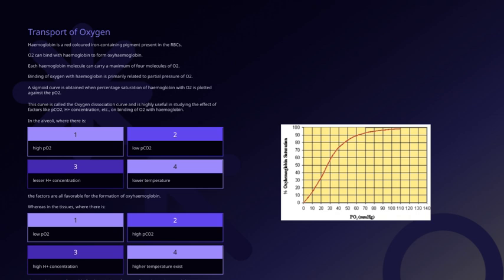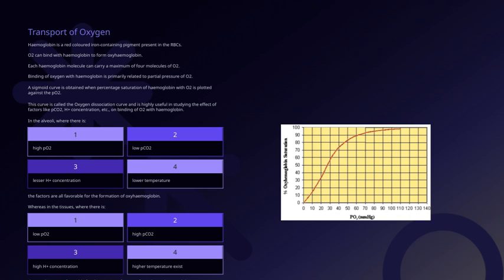First, consider the oxygen dissociation curve, which is a sigmoid curve that shows the percentage saturation of hemoglobin with oxygen plotted against the partial pressure of oxygen, or PO2. This curve is incredibly useful because it helps us understand how various factors like CO2 levels and pH affect hemoglobin's ability to carry oxygen.